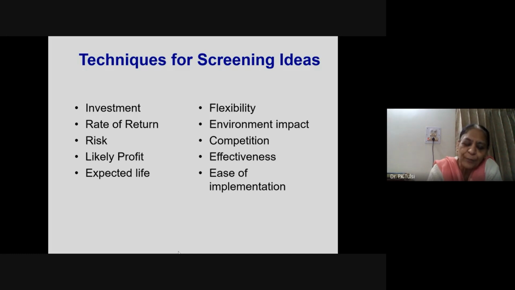Expected life of the product or the service, that's another. Then flexibility, how quickly the changes can be made. And then environment impact. So how it is going to affect the air or the water or the social environment of the people, or technology environment. What will be the impact on the technological environment in the industry itself?